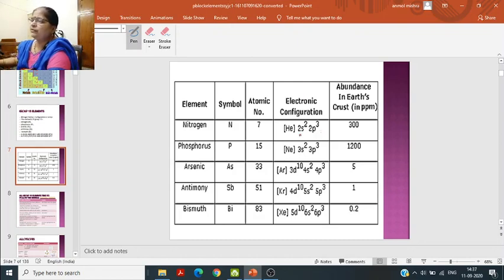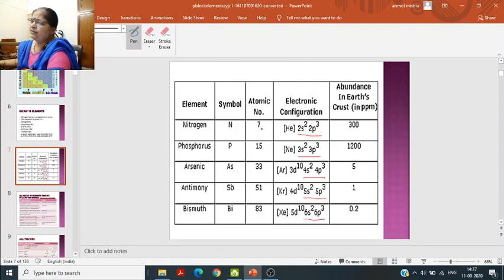Nitrogen is a member of the second period, so 2s2 2p3; phosphorus third period 3s2 3p3; arsenic 4s2 4p3; antimony 5s2 5p3; bismuth 6s2 6p3. Now you can see the abundance in the earth's crust. This is no need to remember.